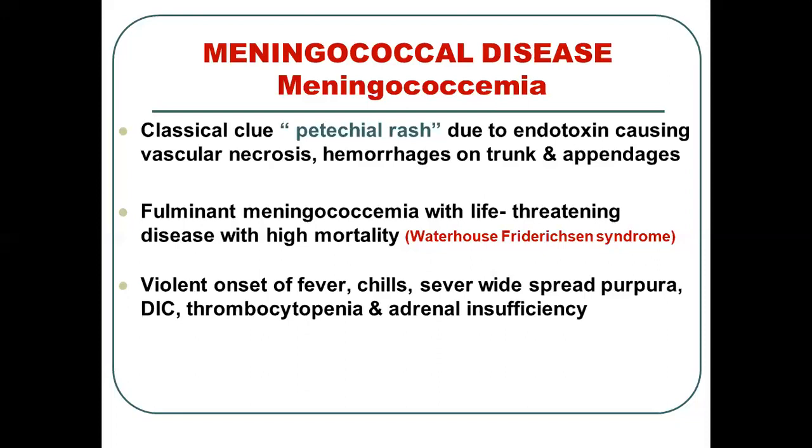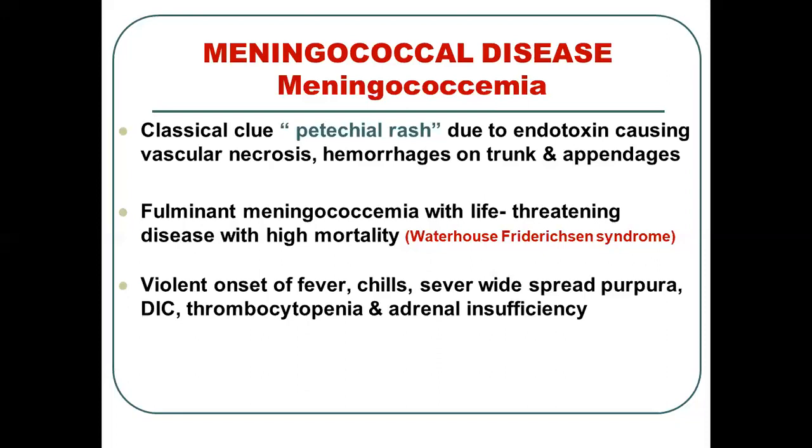and on the arms. So fulminant meningitis is a life-threatening problem. It has a very high mortality, and this is because of what we call Waterhouse-Friderichsen syndrome. Now, the rapid onset of meningococcemia, which is life-threatening, is known as Waterhouse-Friderichsen syndrome.